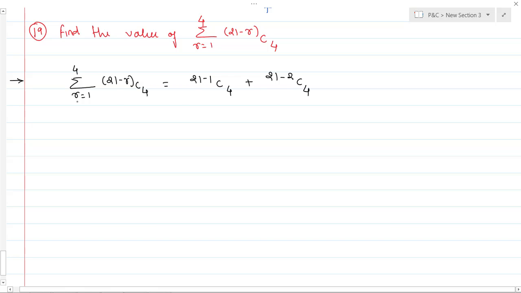Second time r becomes 2, third time r will be 3, so 21 minus 3 C4 and 21 minus 4 C4. We go till r equals 4. So this is equal to 20C4 plus 19C4 plus 18C4 plus 17C4.